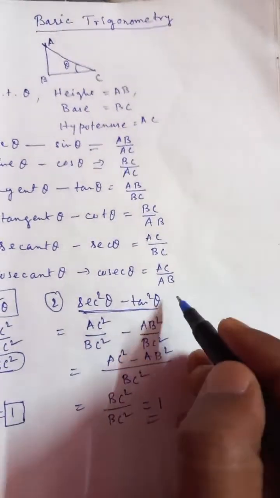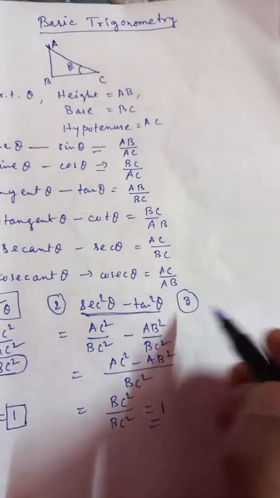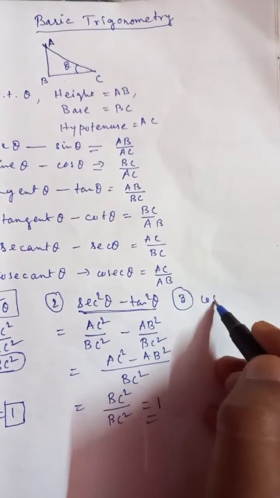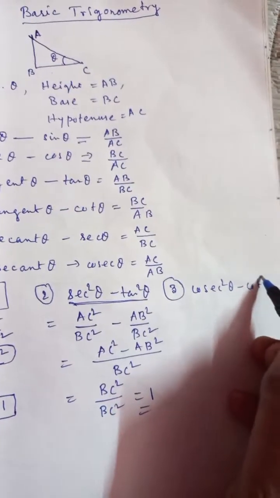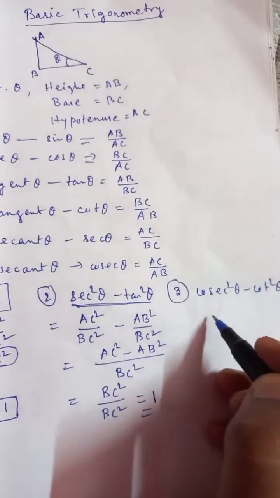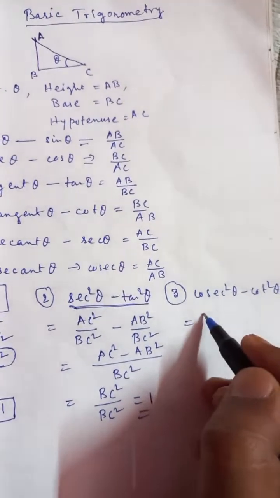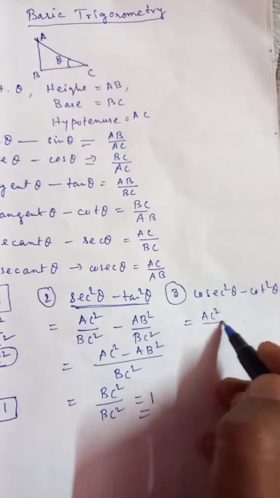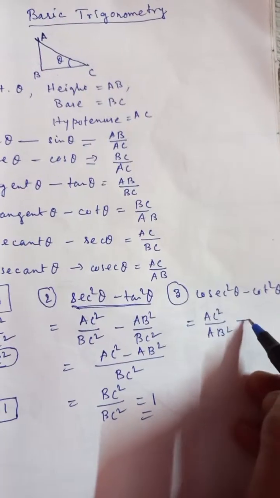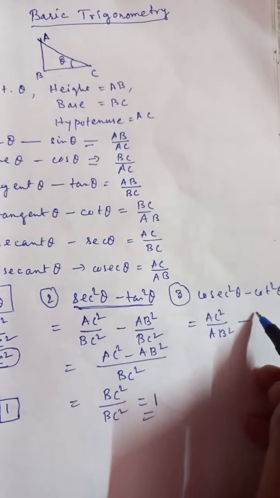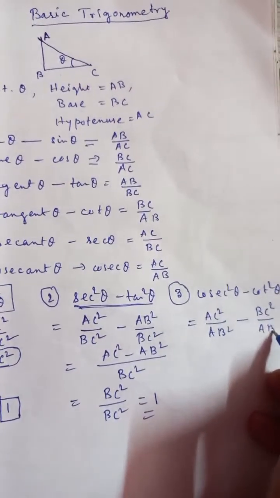Now the third one, what will be cosec square theta minus cot square theta? So again we will have AC square by AB square, and for cot this will be BC square by AB square.